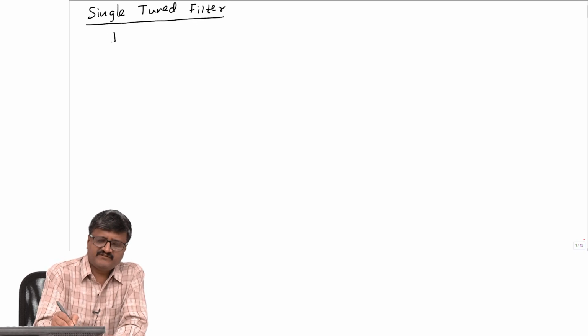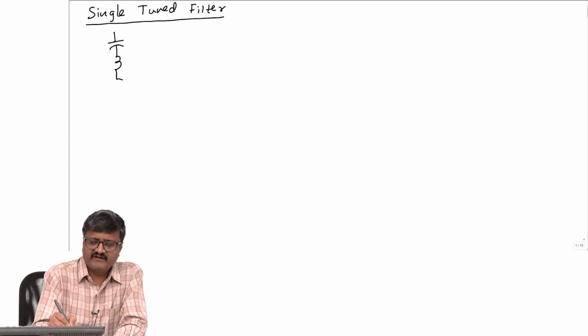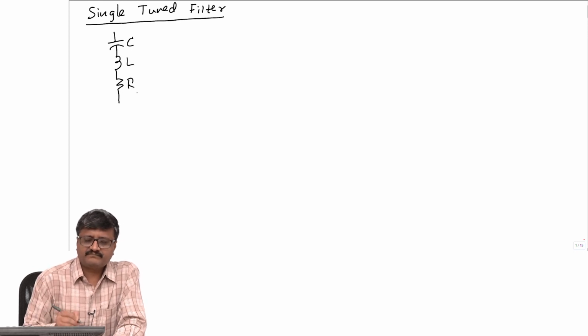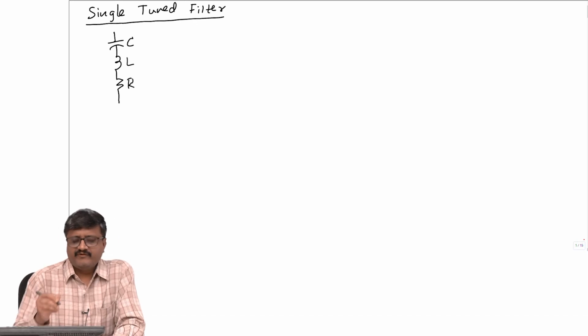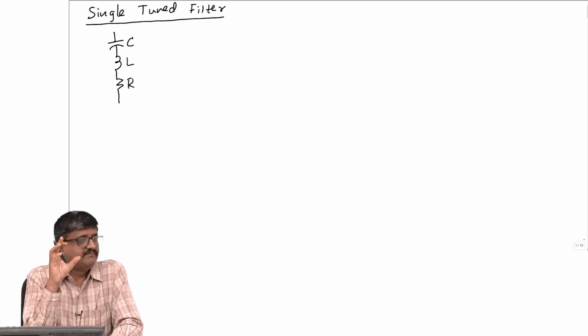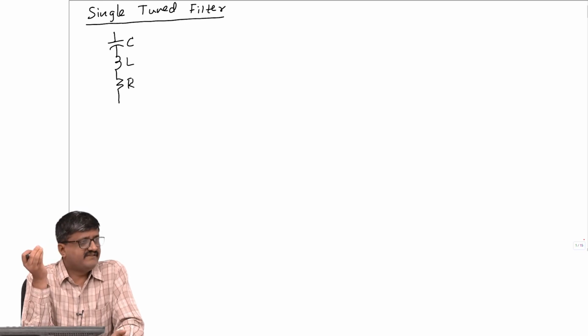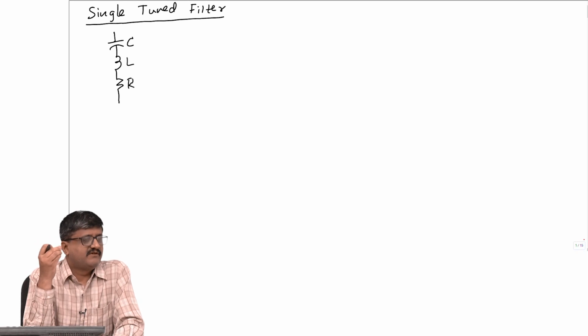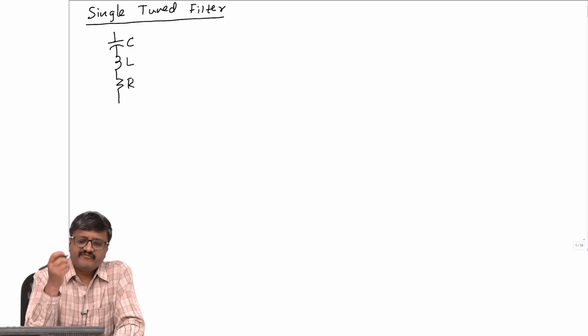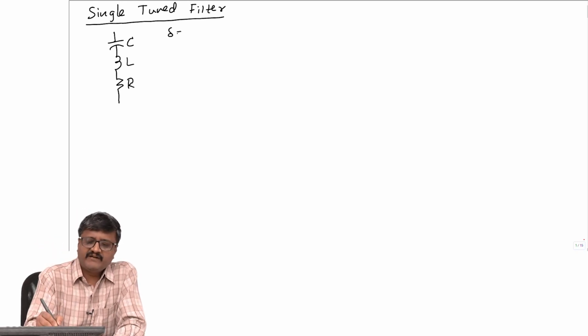It is a series combination of a capacitance, inductance and resistance, CLR. We saw that there are some situations where the values of L and C chosen may not meet the requirement. That is quantified by defining a quantity called delta.